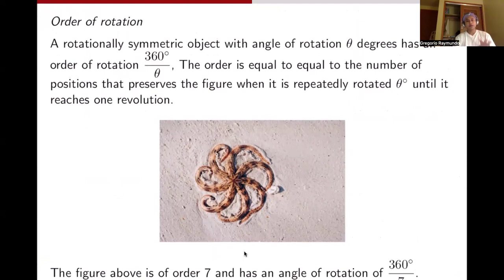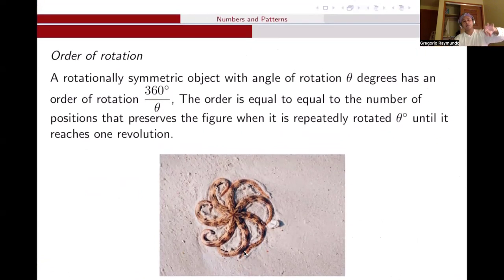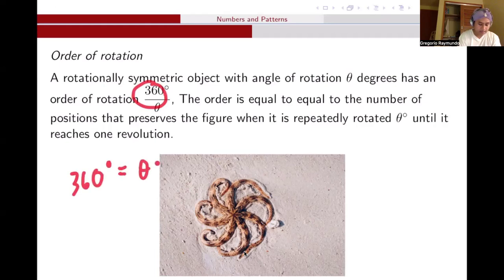Pag sabi ng order, ito yung dami ng bilang para bumalik tayo sa 1 or para makuha yung 1 revolution. So, di ba 360 degrees? 360 degrees is equal to theta times n. N yung order, theta yung angle of rotation.